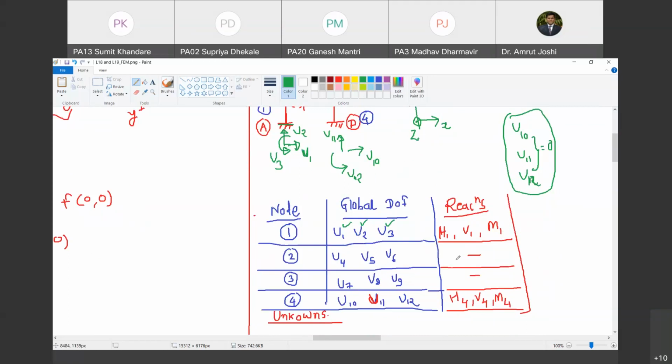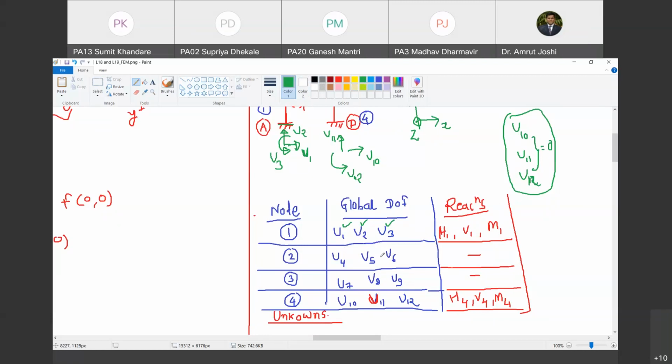Known quantity. No, how? This is a statically indeterminate structure. How will you know the reactions unless you solve for them? Are you with me? Yes, sir. So reactions are unknown quantities always. Therefore these reactions are unknowns. Happy? Yes, sir.